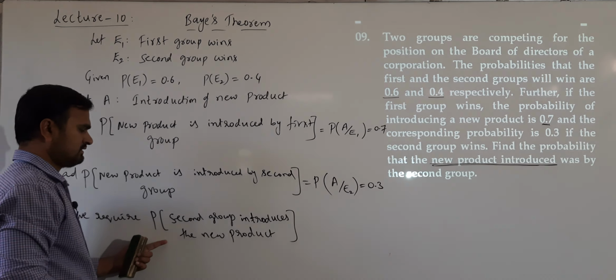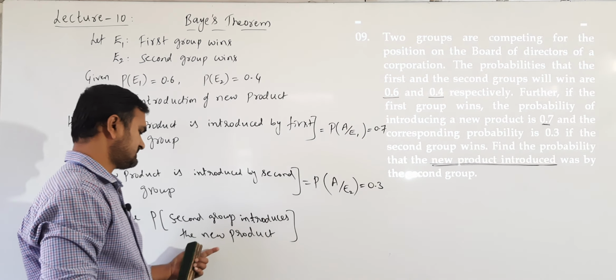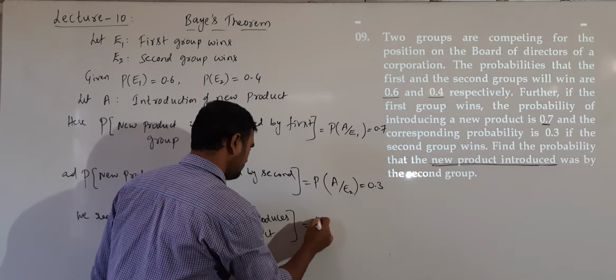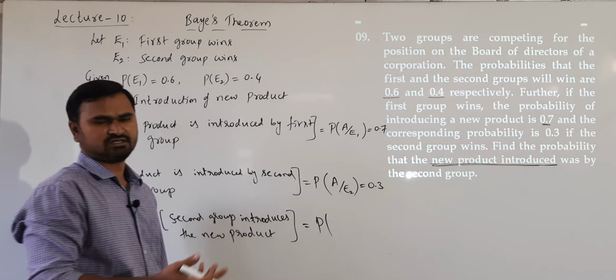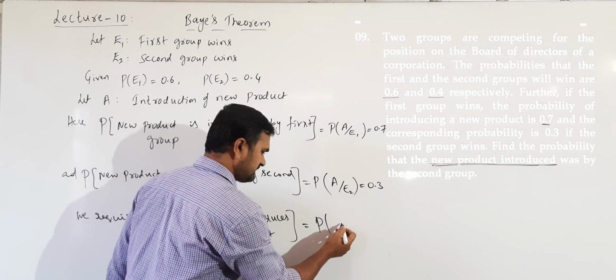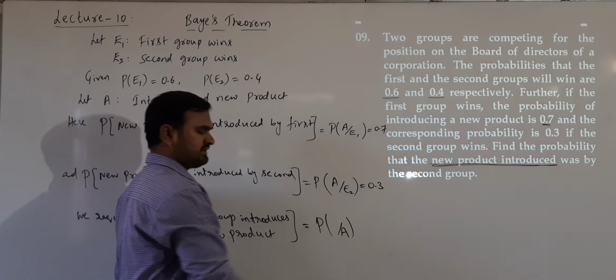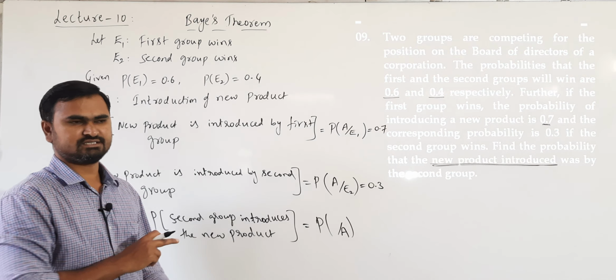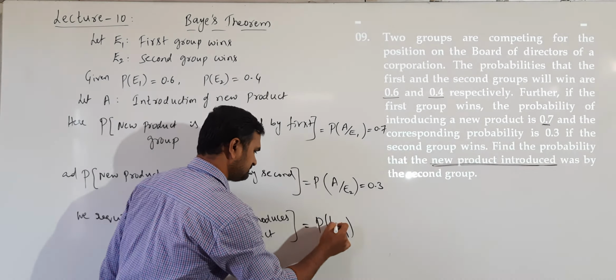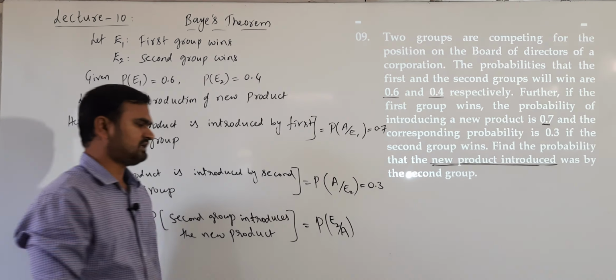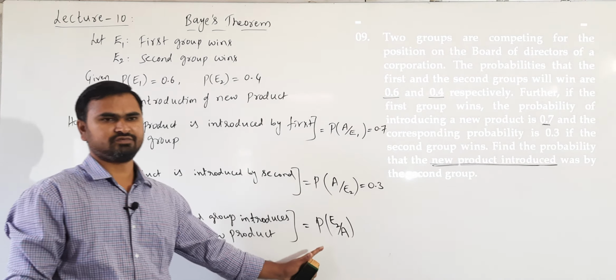This is what we require: probability of second group introduces the new product. The new product is already introduced, so event A has already occurred. What is the chance that it is from the second group? So P of E2 given A. This is what we require.